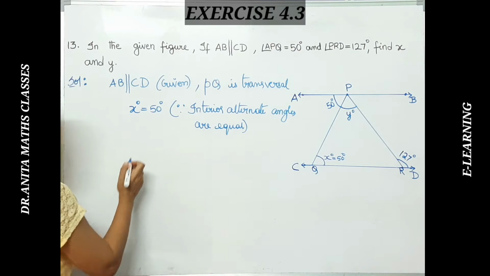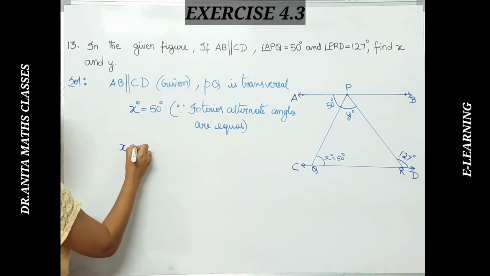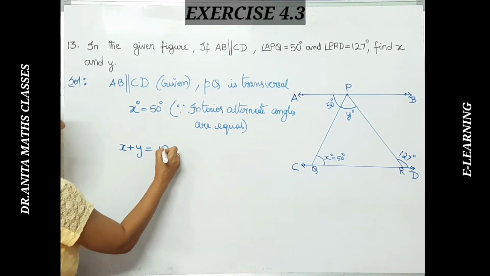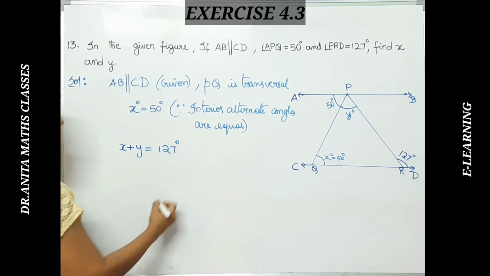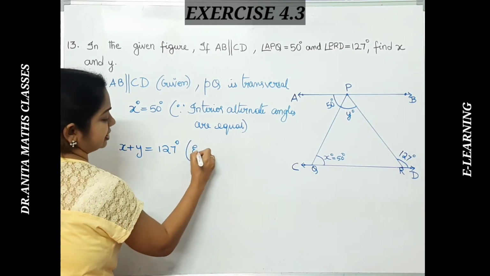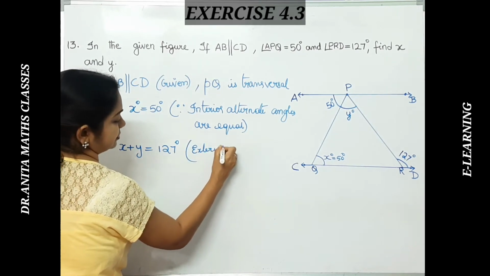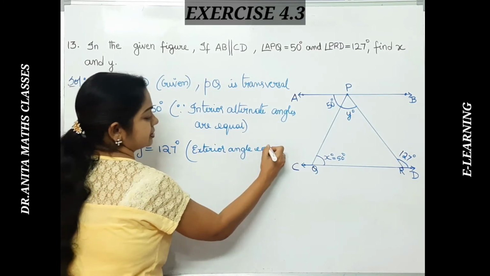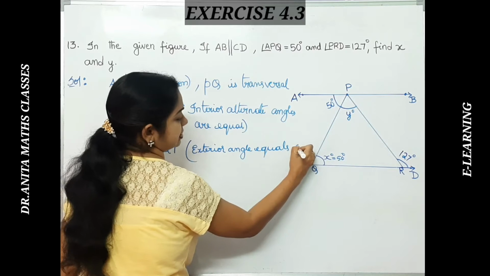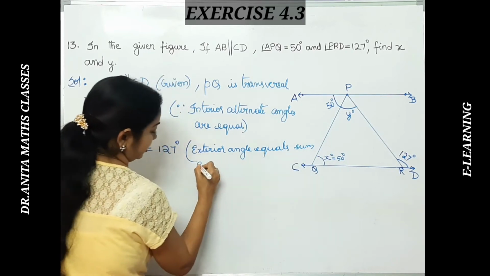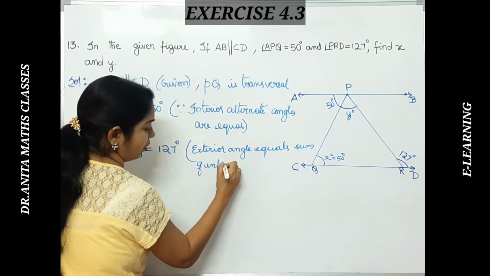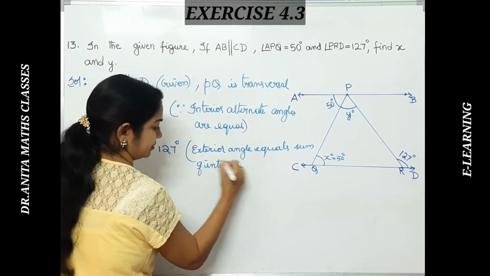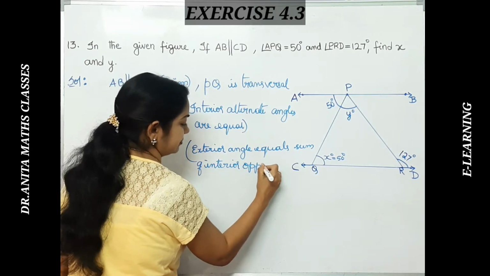So let us do that. X plus Y equals 127 degrees. Why? The exterior angle is equal to the sum of the interior opposite angles. This is an axiom.